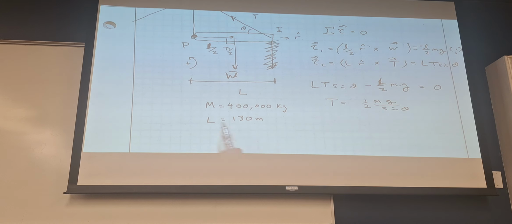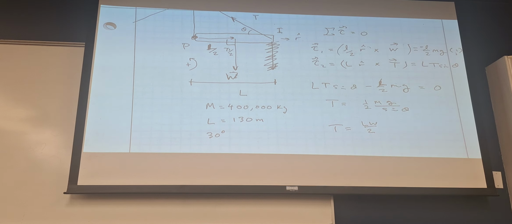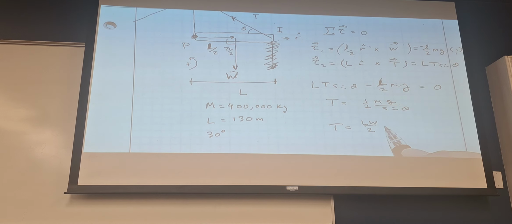And if you take an angle of 30 degrees, this becomes T equals LW over 2. If you plug everything in, this is about 392 times 10 to the 6.